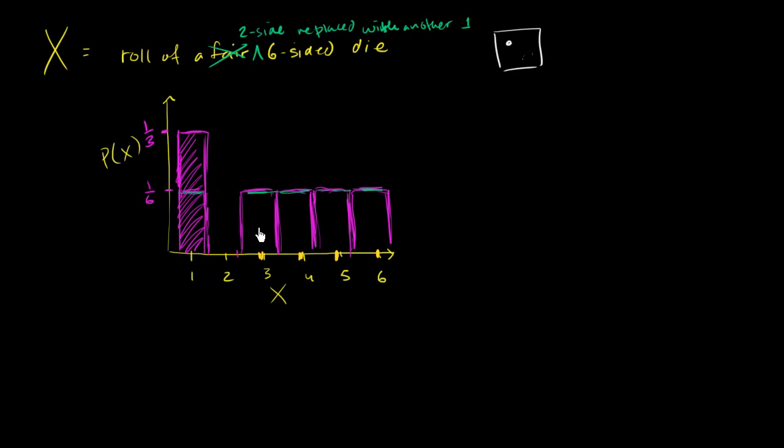There's still one side that has a 3 out of 6 equally likely sides. So you have a 1/6 probability of a 3, a 4, a 5, or a 6. So the rest stays unchanged. So once again, we've constructed another discrete probability distribution. It is no longer uniform, and it's a little bit more interesting. This is the roll of this not-so-fair six-sided die. You have 2 sides that have a 1 on it and no side that has a 2.